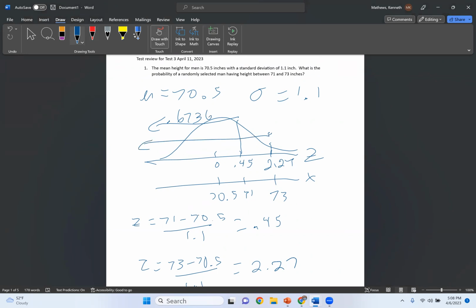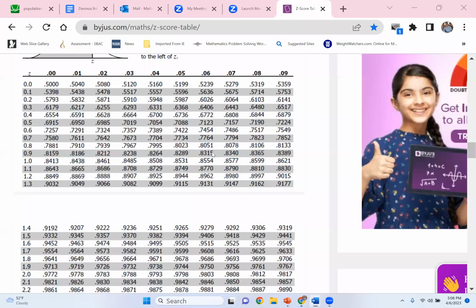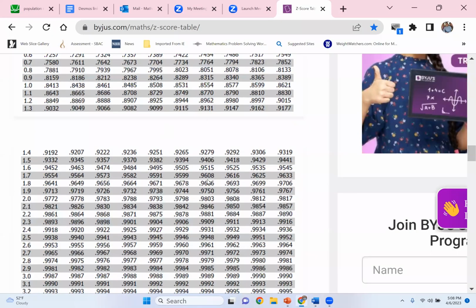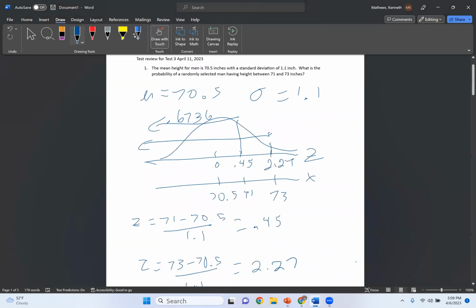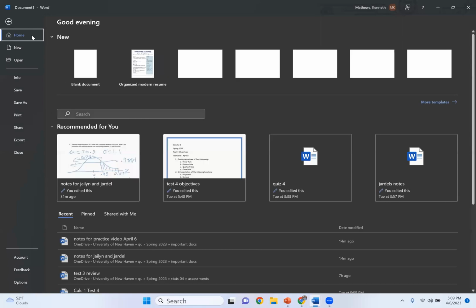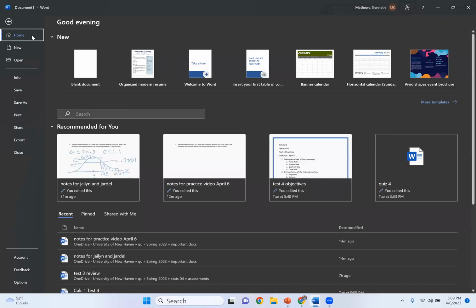Let's see what that's going to be. 2.27. 0.9884 right here. 2.27 is 0.9884 because this is 2.29, 2.28, 2.27, 0.9884.